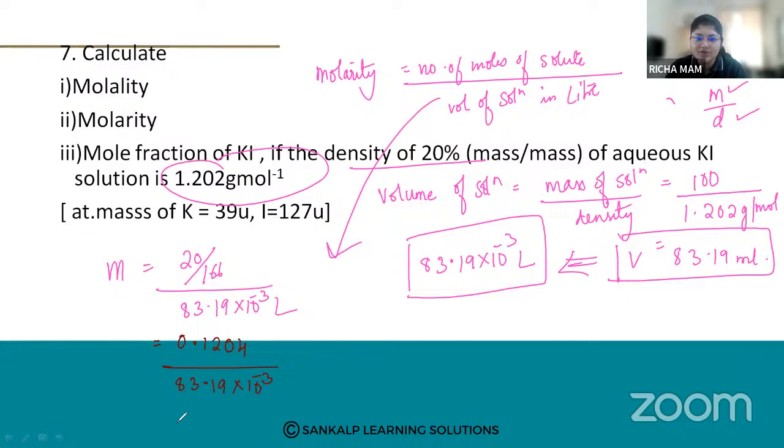So it comes to 0.00144 into 10 raised to minus 3. If I shift the decimal, the answer comes to 1.44 mole per liter.